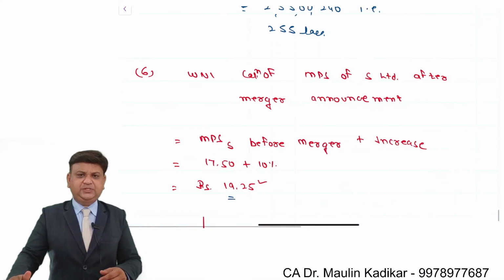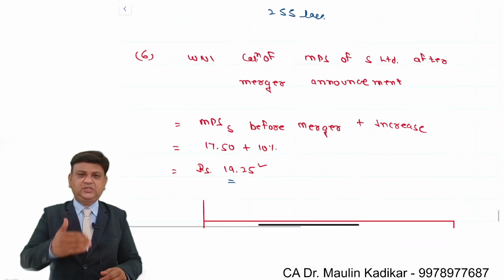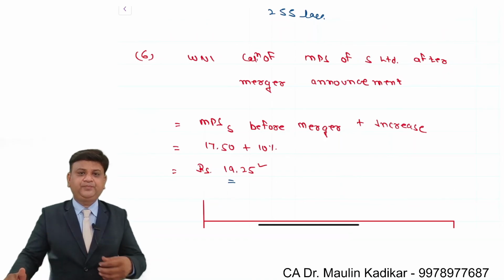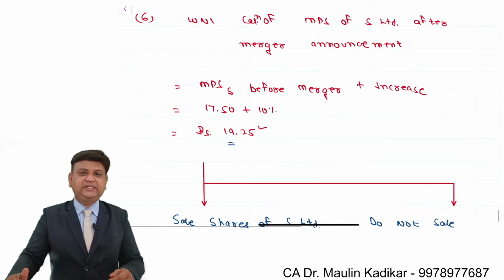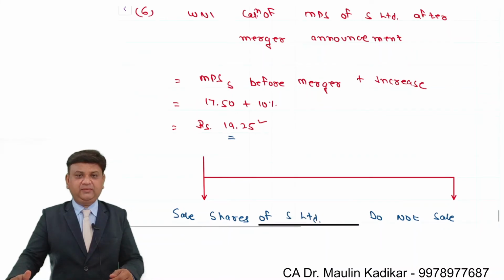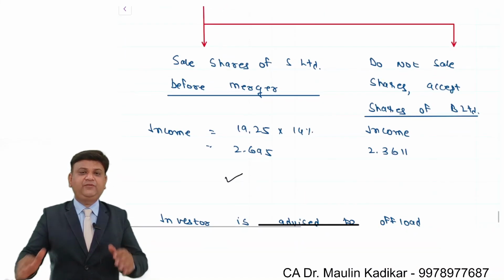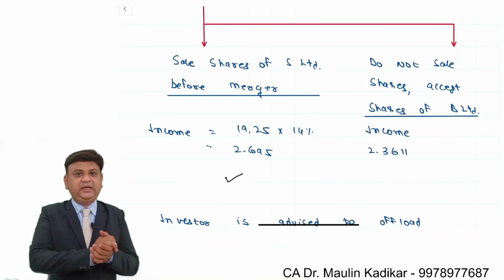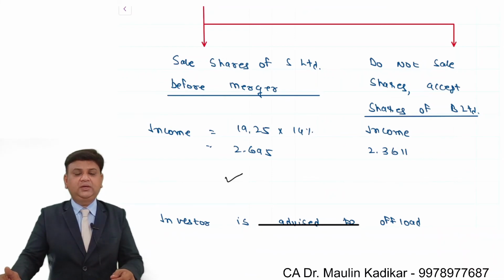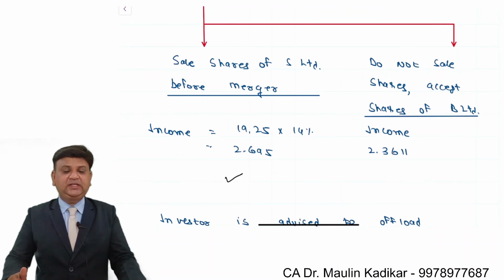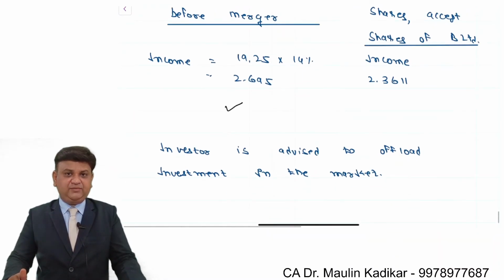Last is an important question, wherein the shares of the target company increase due to merger announcement. In that we understand that the price increases to 19.25. We have made the calculation of what would be the income if the investor continues to remain shareholder of the new company, then in that case it is 2.3611, and if this amount of the investment is made somewhere else, then what is the income that he will have.